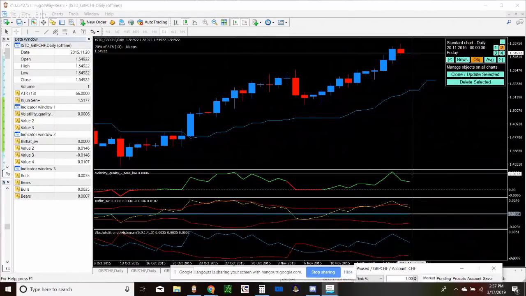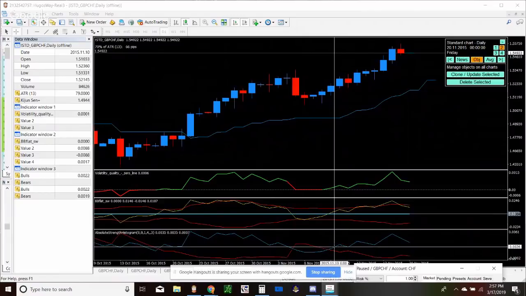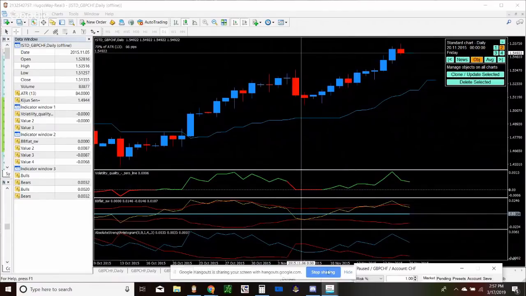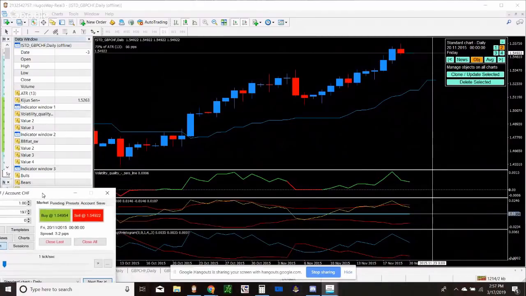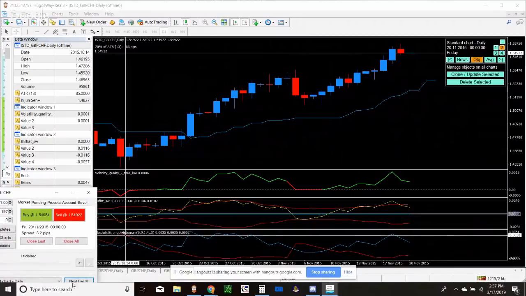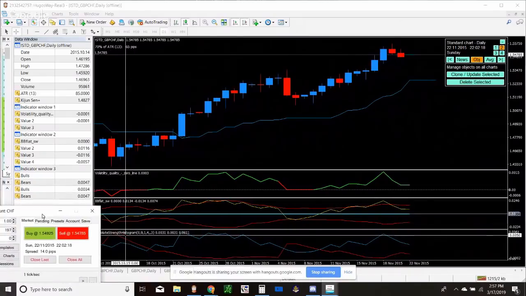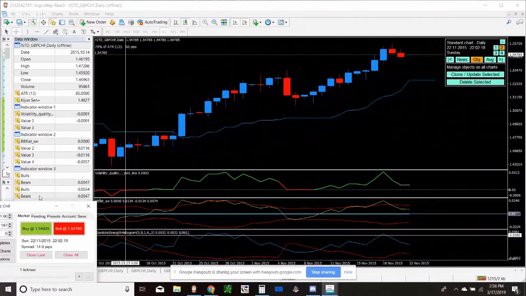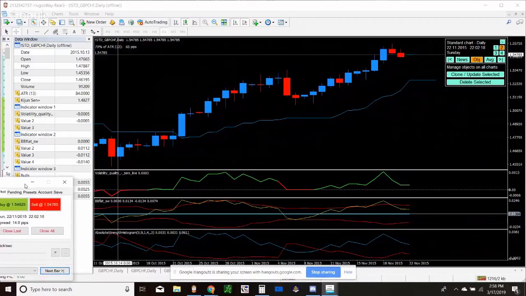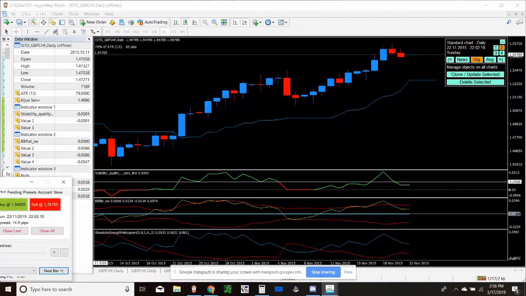Okay, so it looks like VQZ and absolute strength got us in, at least in that spot, a little bit better than this BB flat did. Move this down so you can see it. Can't make that smaller. Sorry, guys.